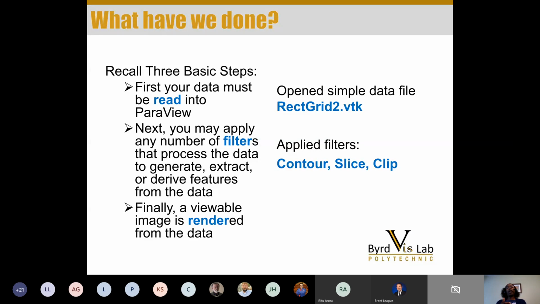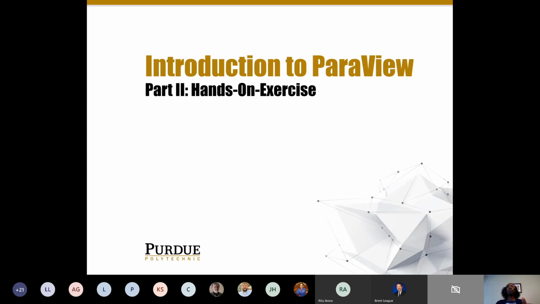By setting the feature in ParaView to automatically update, the rendering is done for you as you work through and apply these different filters. So our data file was rectgrid2.vtk. We applied the contour filter, the slice filter, and the clip filter. So that was with a simple data set.